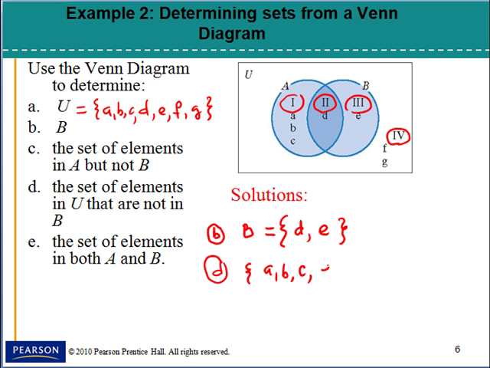These two elements, F and G, belong to the universe but not in B.